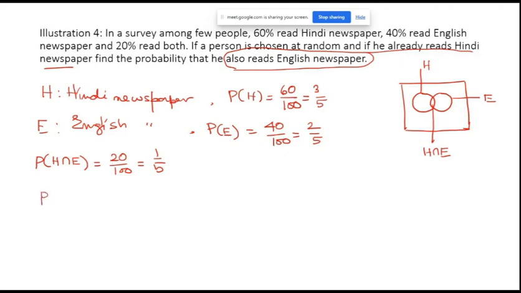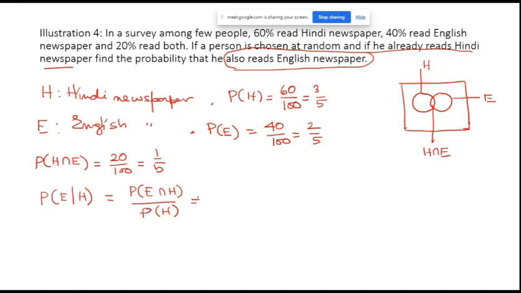That is, you are to find the probability that he reads English newspaper when you know that he reads Hindi newspaper. So this is the situation. Now this will give me: probability of E intersection H divided by probability of H. This is how the formula is.